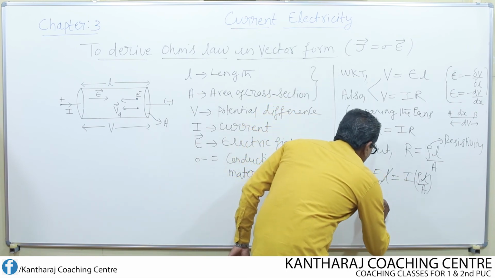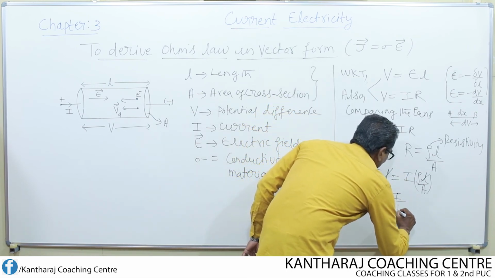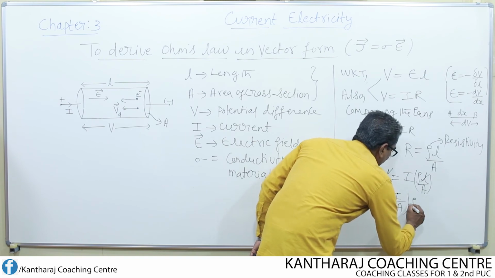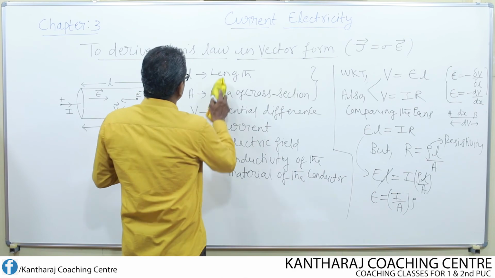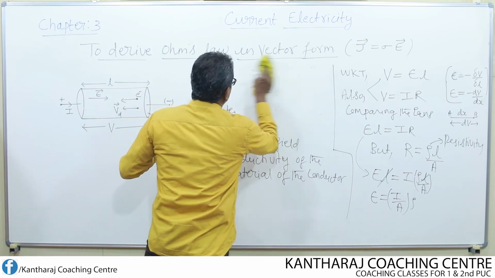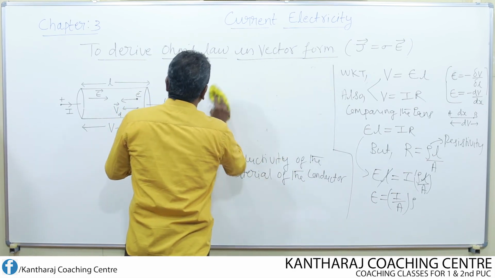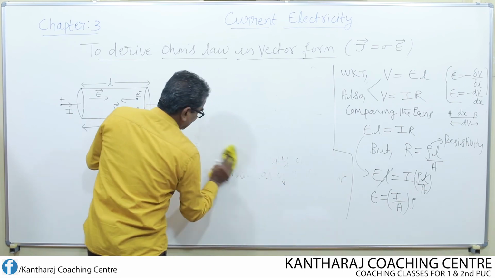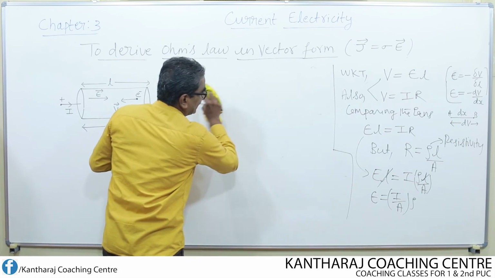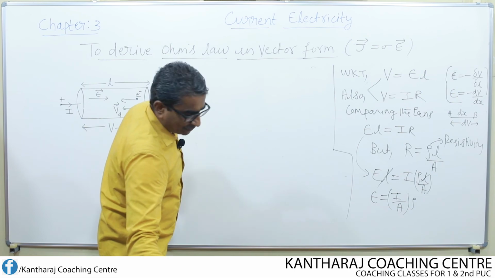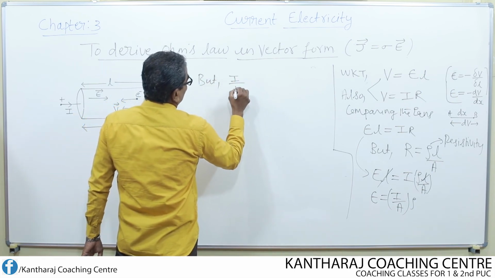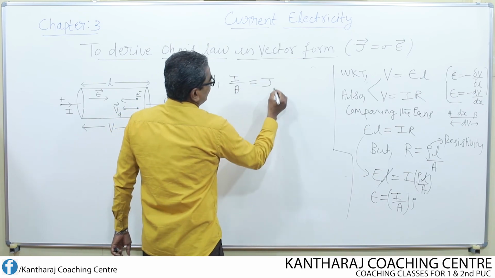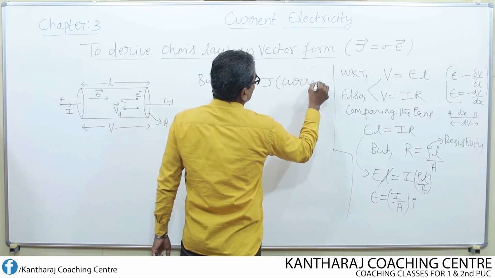Then what is left here? E is equal to I by A into rho. But we know the expression for the ratio I by A. What is I by A? Current per unit area. It is the current density. So I by A is equal to J, the current density.